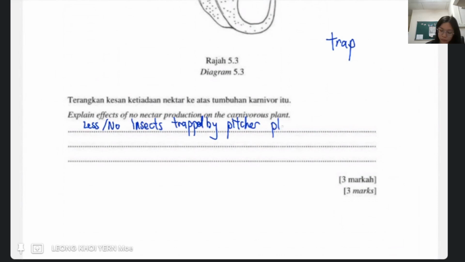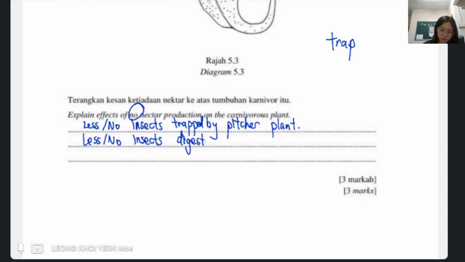Or you can write carnivorous plant if you don't know what plant this is. Less or no, it depends. This one is no nectar, so you can write no. But if you are unsure, maybe there is a possibility that insects will still enter and get trapped, so you can also write less if you want to be safe.